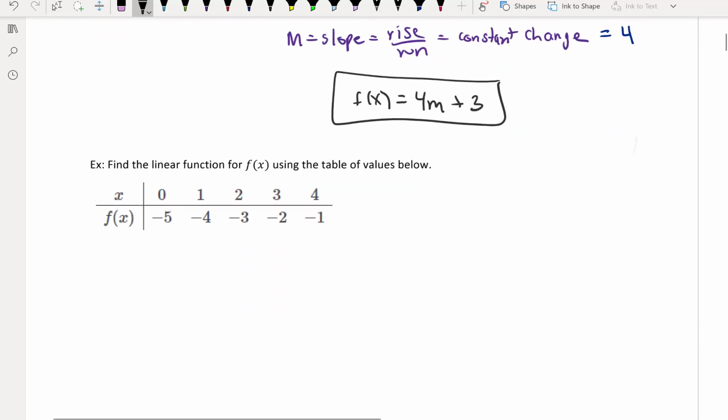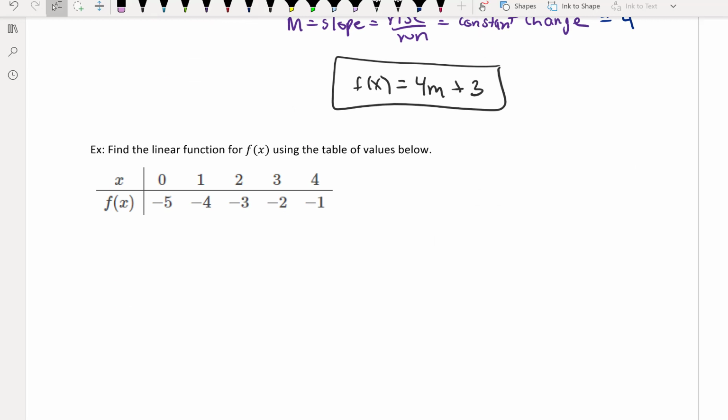Now let's go to our second example. So again, we have a 0 for x. So that represents my b value of -5. Perfect. And remember, your goal is to write it as f of x is equal to mx plus b.